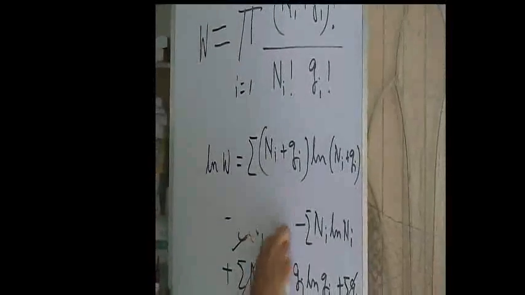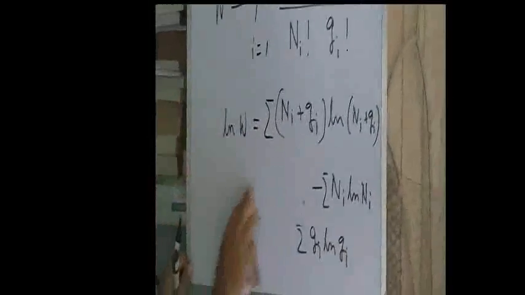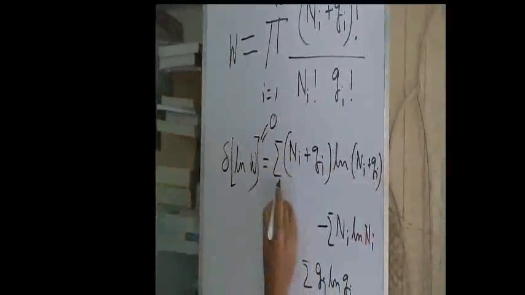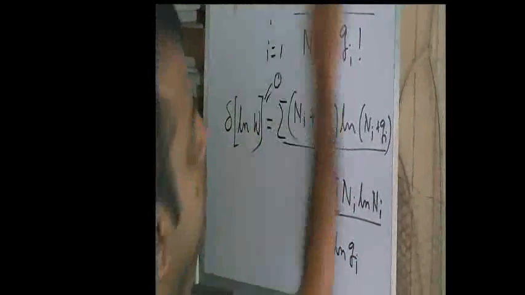The remaining terms give delta ln W equals this. This has to be maximized under the equilibrium condition. So delta of this equals 0 for equilibrium condition. Then what is delta of this?